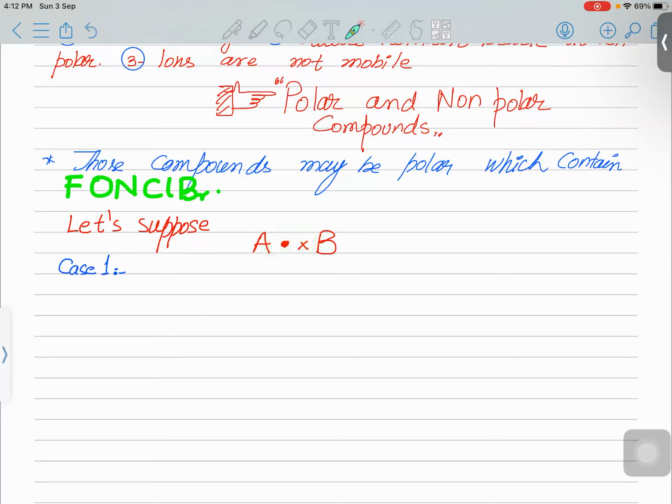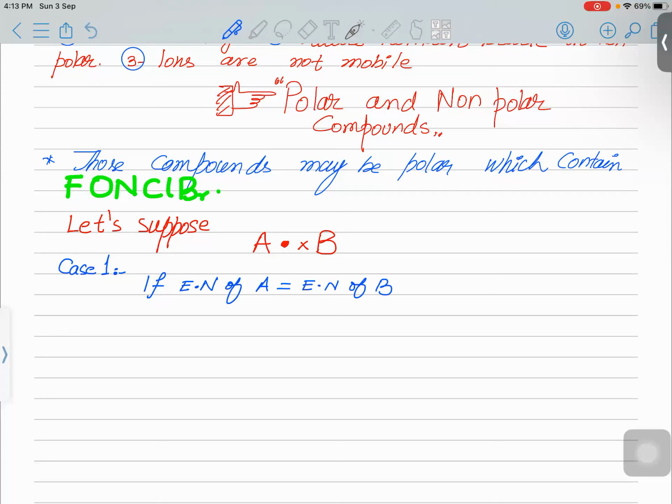So case number 1, if electronegativity of A is equal to electronegativity of B. If A and B both have same electronegativity, can you tell me the direction of bond pair?